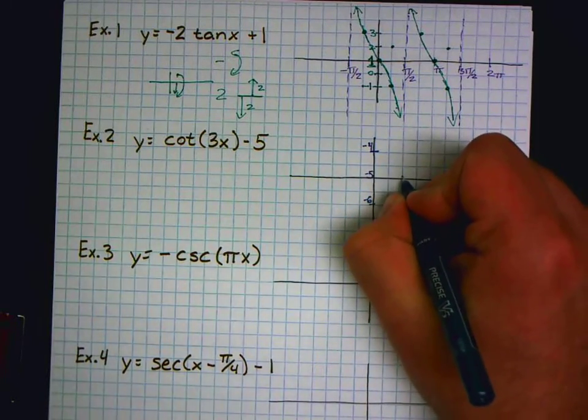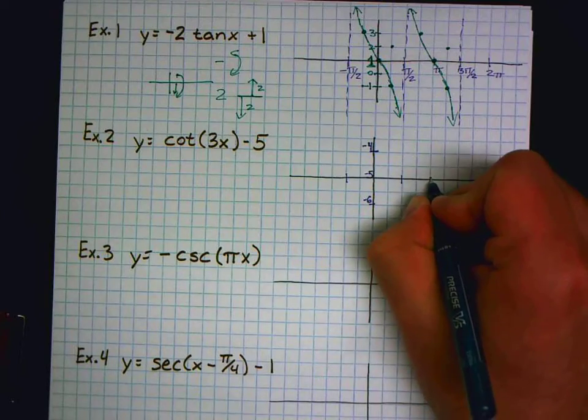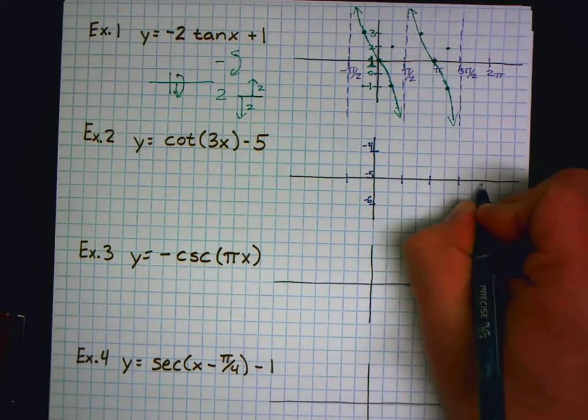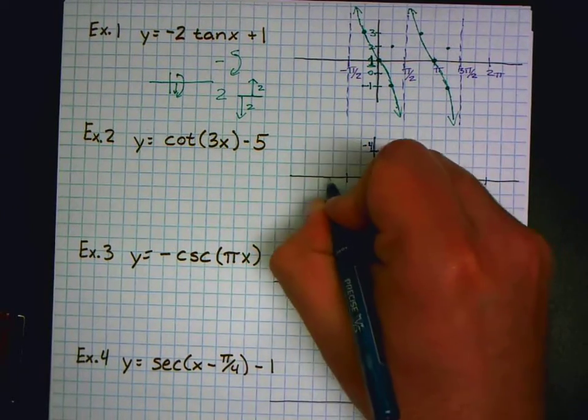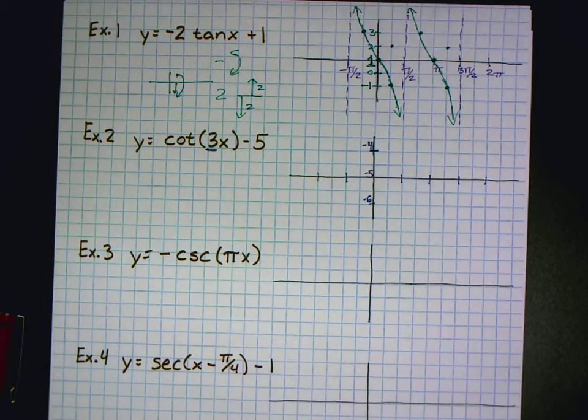Okay, I'm going to make these marks, but I'm not going to label them because my period's going to change. How do I know that my period is going to change? Yeah, because of this number right here. That means my period is going to change. It's not shifting though.